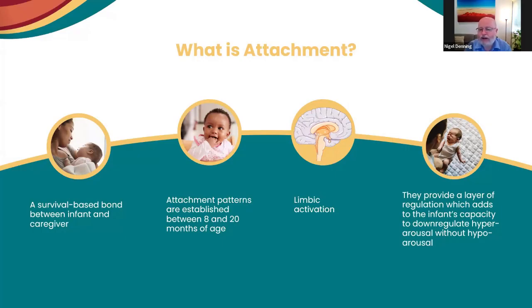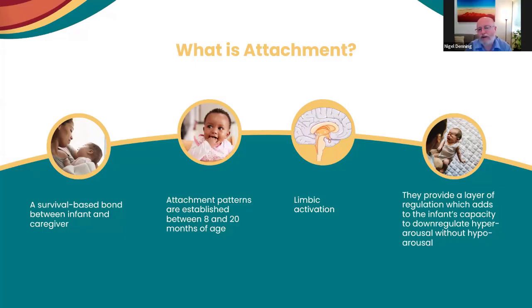Attachment creates a layer of regulation, which eventually, if the adults are sufficiently skilled, and as Winnicott would say, good enough parenting is what we're aiming for, not perfect parenting.